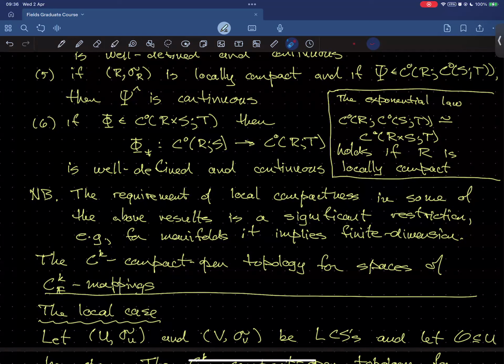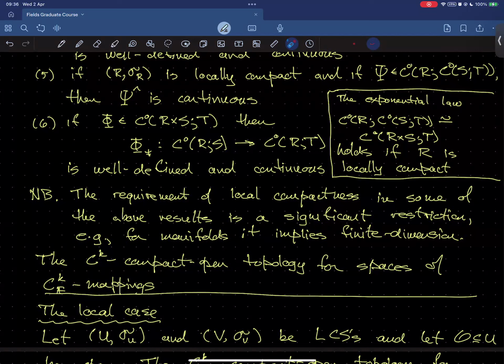So what that means is that on a locally compact manifold, every point has a neighborhood which is homeomorphic to an open subset of a locally convex space, right?